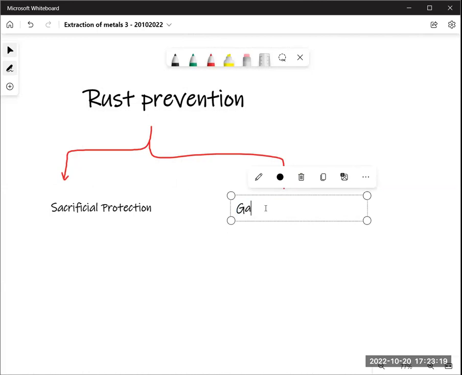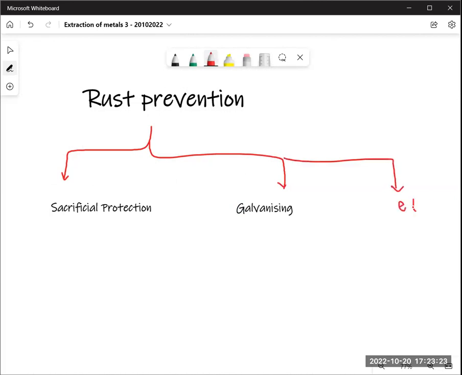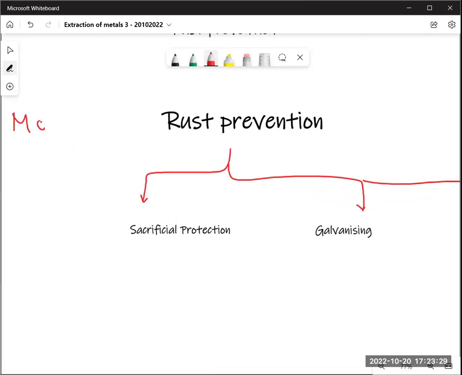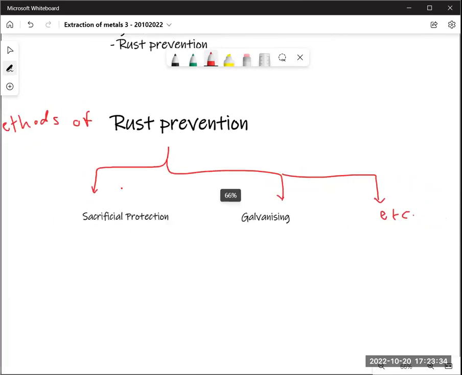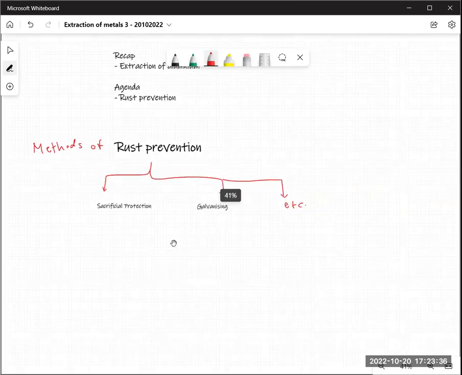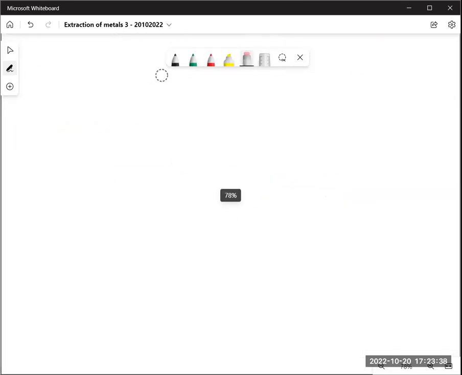And there's a lot of other stuff in between. Now we have to look at methods of rust prevention. So what do you have to write in your notebook? Well, don't write any of this. Let's continue in the next slide.